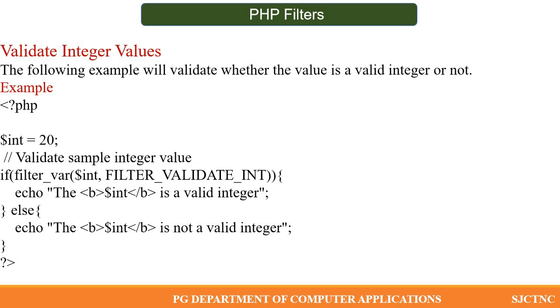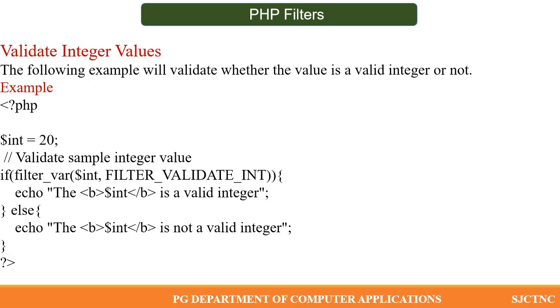Then second, we can see how to validate integer values. The following example will validate whether the value is a valid integer or not. In this example, we can see there is a variable int, and we are storing the number 20. Then there is an if condition where filter_var is the function we are using.